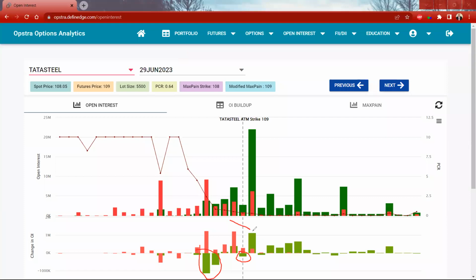What is happening out here at the 110 strike, what appears to be call writing may not be call writing, because the price is extremely close to that point out here. Because we are seeing even covering at the 109 strike. So 110 writing doesn't look like it, because there is a decent amount of put writing also happening out here, heavy in these levels.